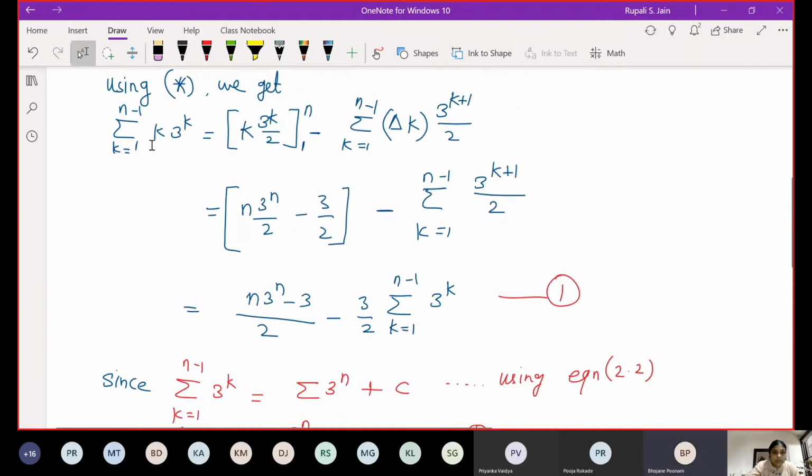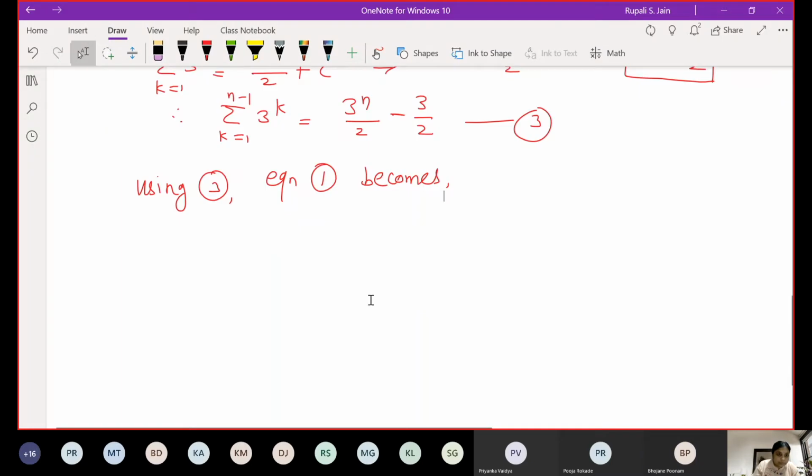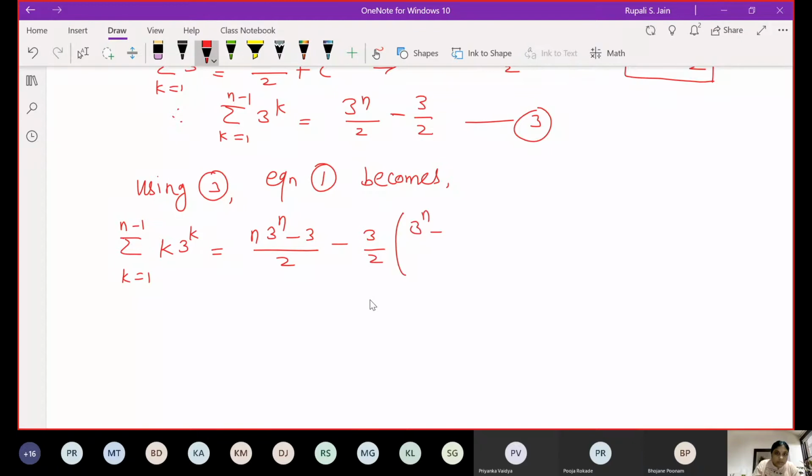Summation k is equal to 1 to n minus 1 of k 3 raised to k is nothing but n times 3 raised to n by 2 minus 3 by 2, minus 3 by 2, and the value of this is 3 raised to n minus 3 by 2.